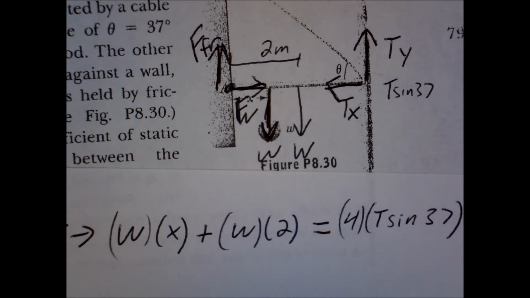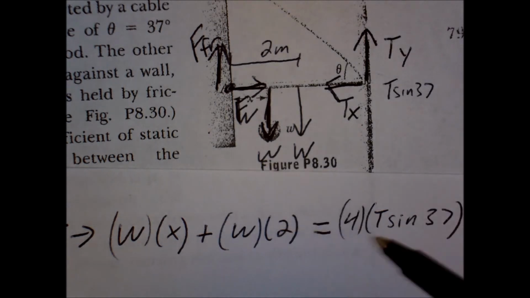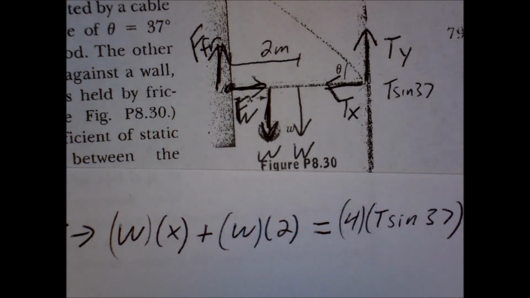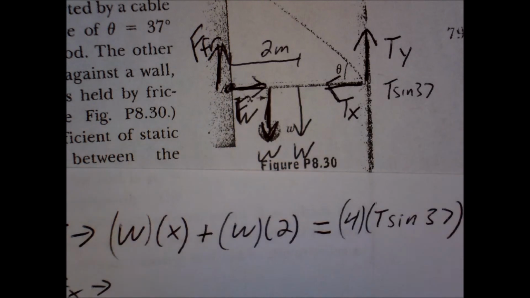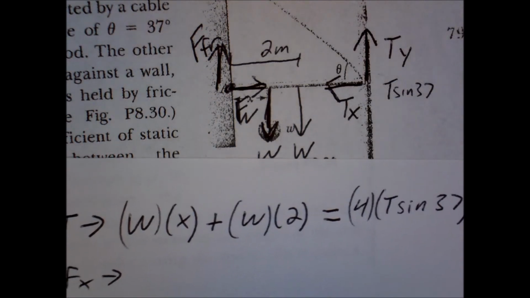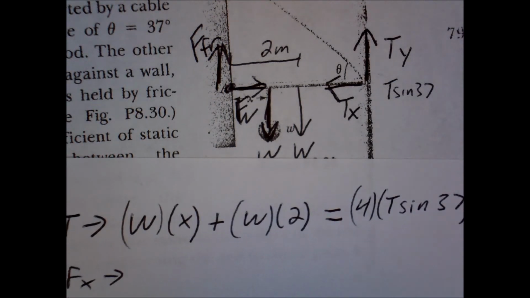Alright. So we have 3 unknowns, don't we? W, X, and T. So we're out of luck in directly solving here. Let's do some more summations. Let's do the X summation, sum of Fx. This one should be very straightforward.